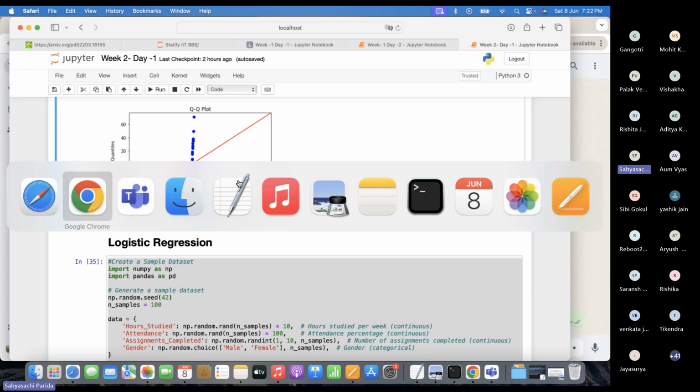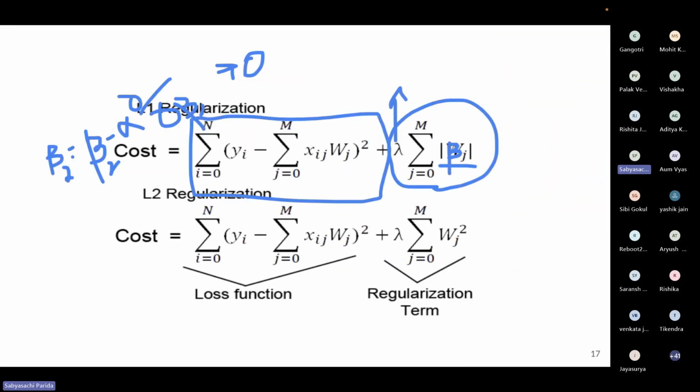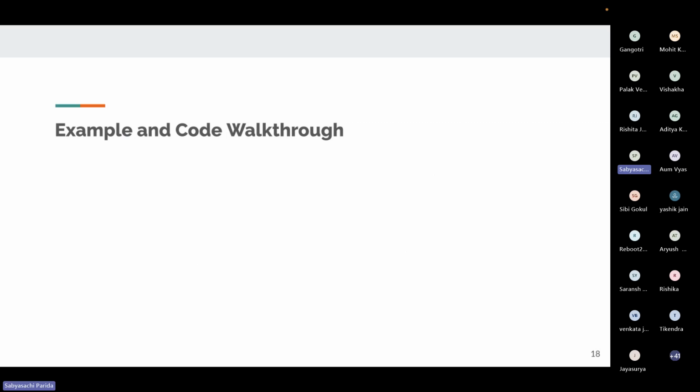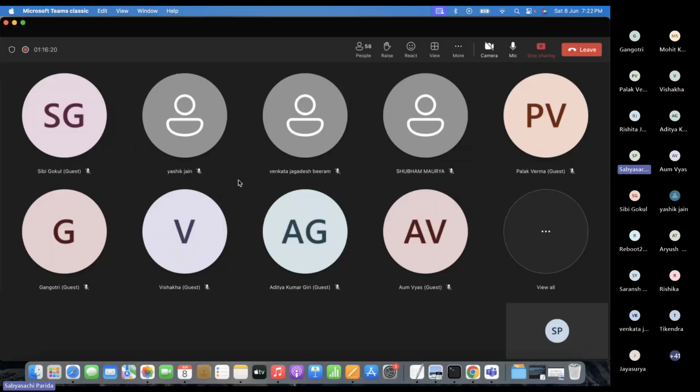Okay, so this was on linear regression. Has anybody got any doubt on linear regression? We can look at that before moving into the other models. Anybody who has the slightest doubt can ask me.